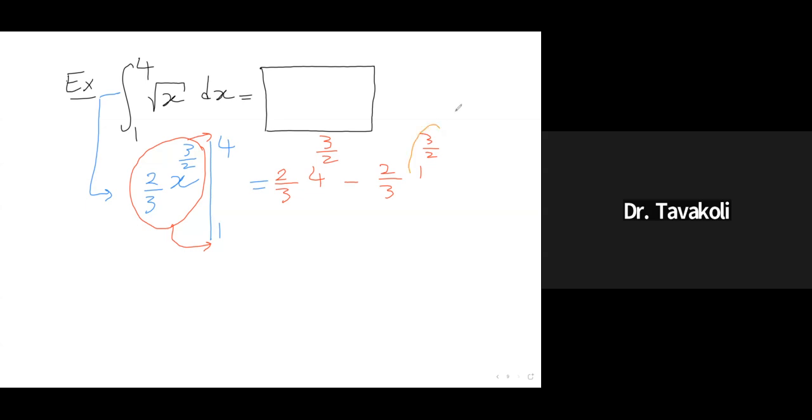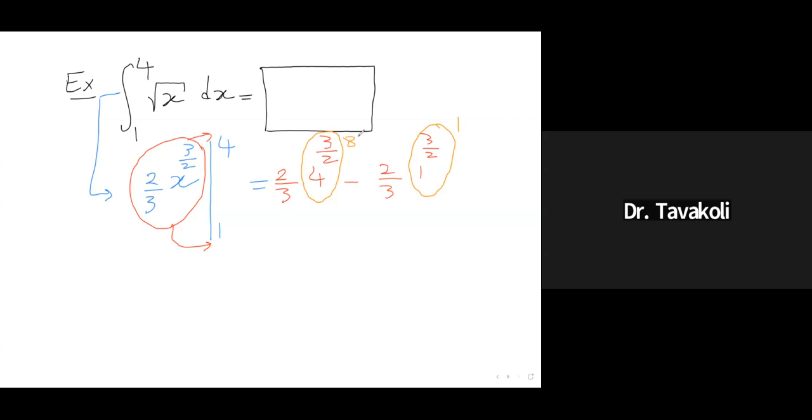This is simple because 1 to any exponent is 1. For 4 to the power of 3/2, radical 4 is 2, and 2 cubed is 8. So this is equal to 8.